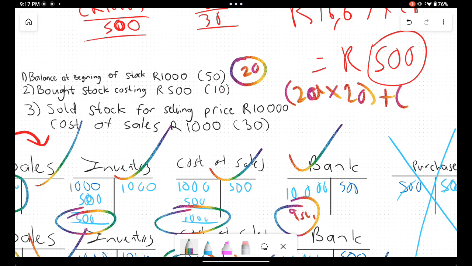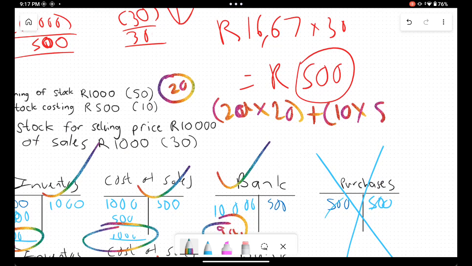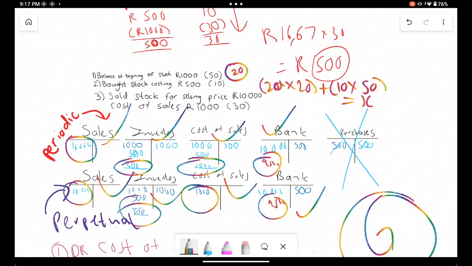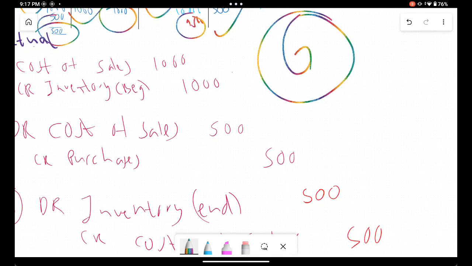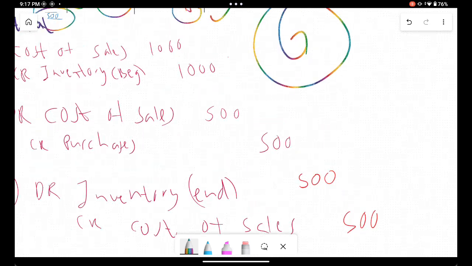Now we need to get the other 10. We need 10 to make it 30, so 10 times, obviously first in, first out, you start at the top, so the 10 will be here. So this will be 59. And then whatever figure you get, that'll be my FIFO method for calculating the closing balance. You see what I'm saying? So we're using FIFO and weighted average to get the closing figure over here, right?